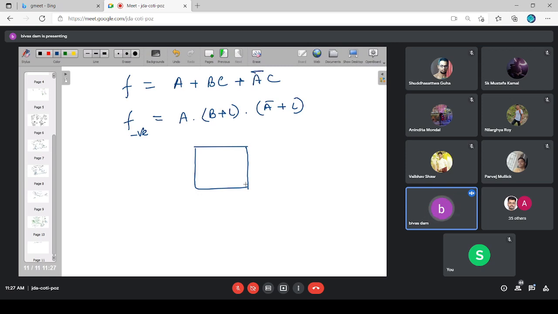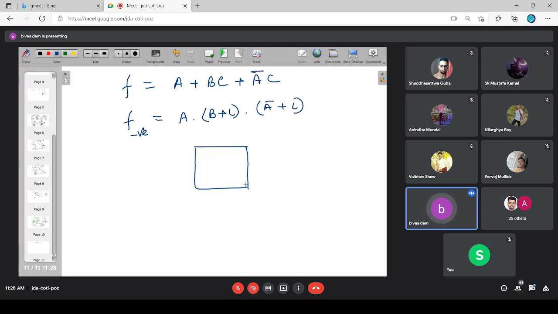So you don't have to find out from the truth table what the negative logic expression should be. Simply from the given logic expression under negative logic or positive logic, you simply find out its dual to find out the logic expression under the other logic system. If under negative logic one expression is given, to find out the expression under positive logic, you take its dual.